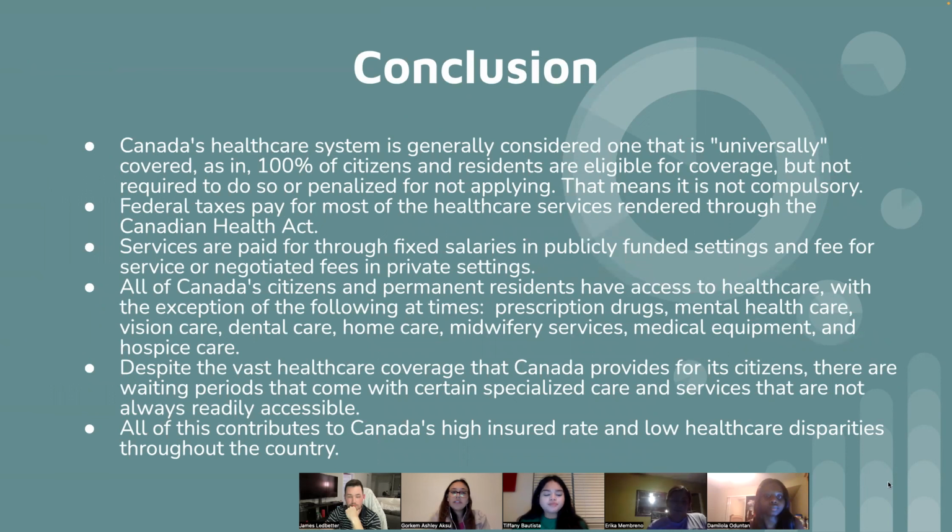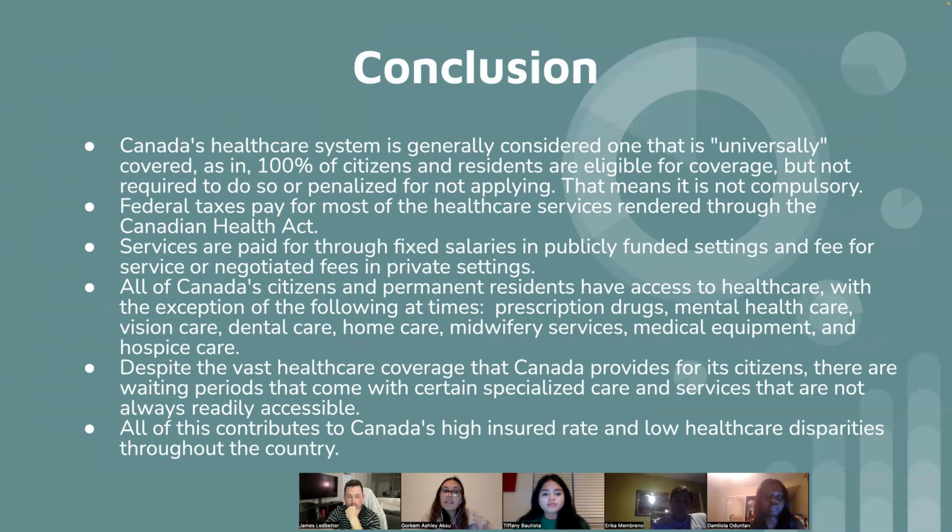So in conclusion, Canada's healthcare system is generally considered one that is universal. This means that 100% of its citizens and residents are eligible for coverage, but they are not required to apply for healthcare coverage, and they're not penalized for not doing so. That means that the healthcare system is not compulsory.